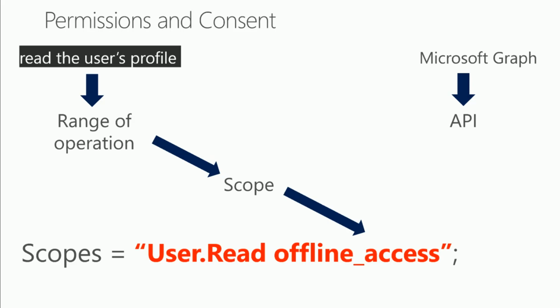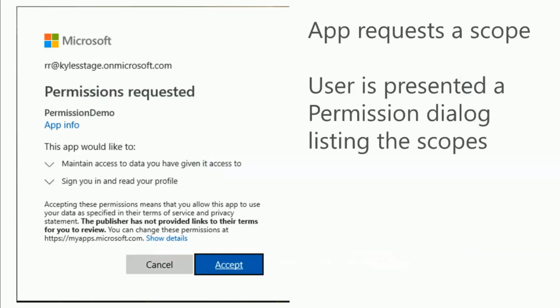And when a developer says, here's my scope definition, I want to read the user's profile, and I want offline access so I can do this on an ongoing basis, this is the user experience that will happen. So while before I said that there's a private conversation between the user and their identity provider, that's entirely true.